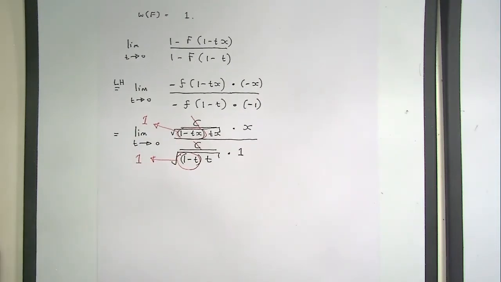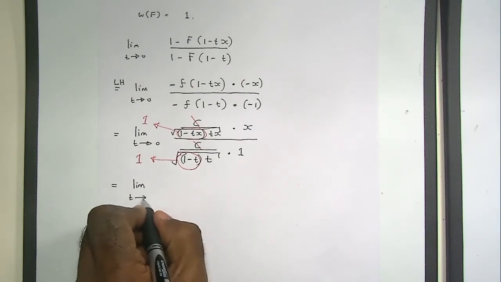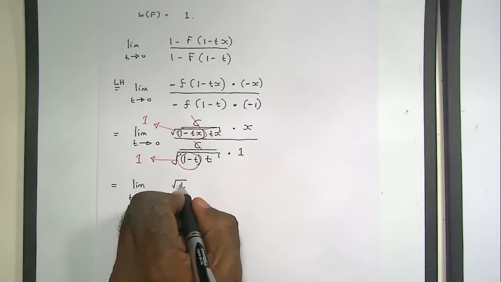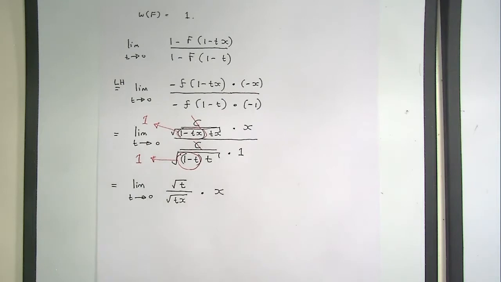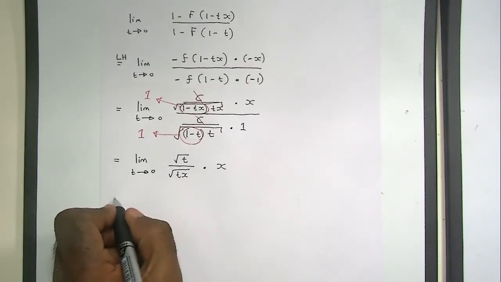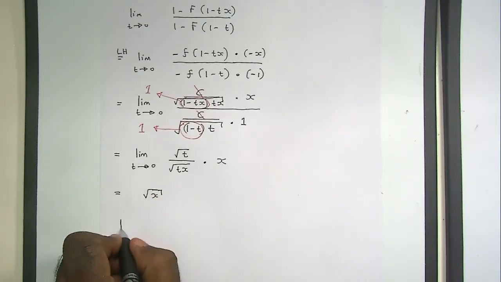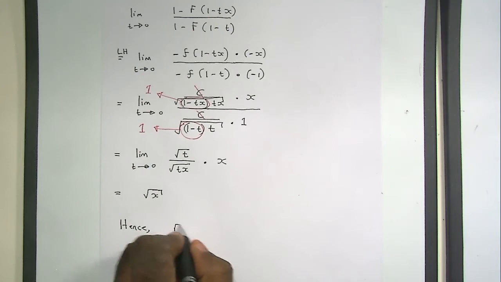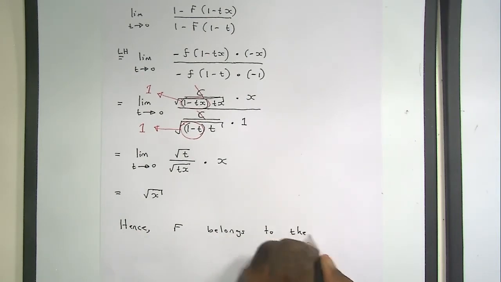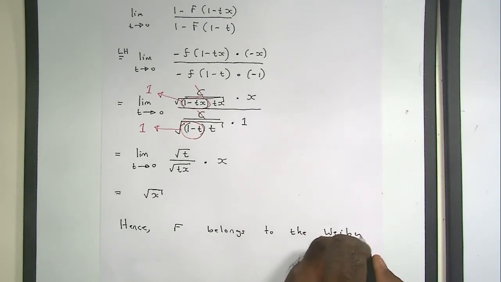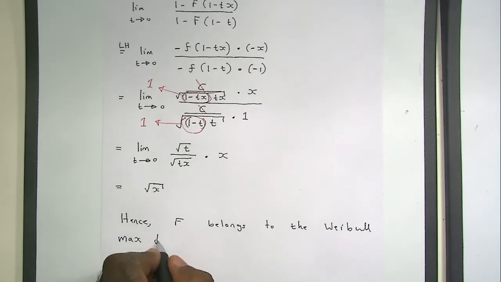So what you have is the limit as t approaches 0 of square root of t divided by square root of tx times x, and square root of t and square root of t cancel, so what you have is square root of x. Hence... is that clear, guys?